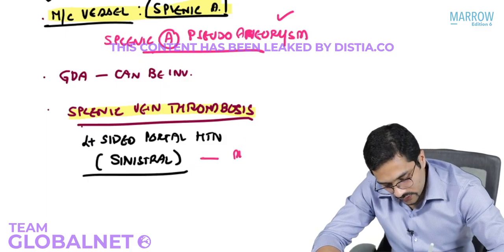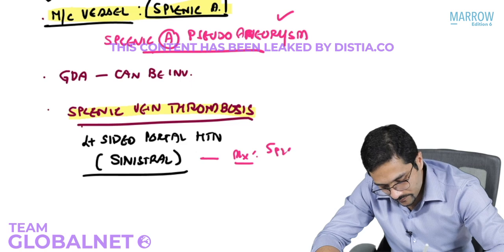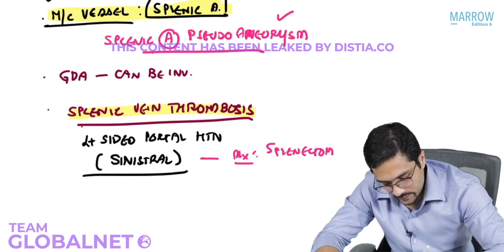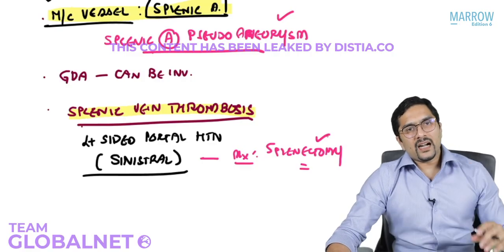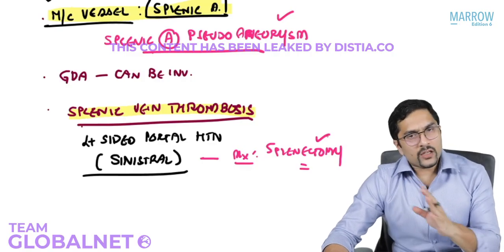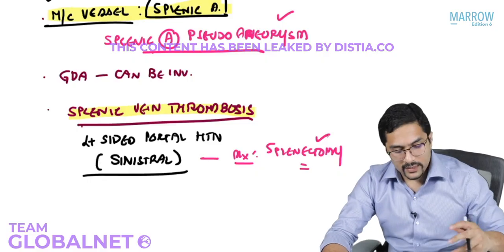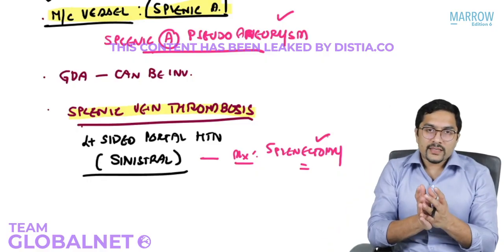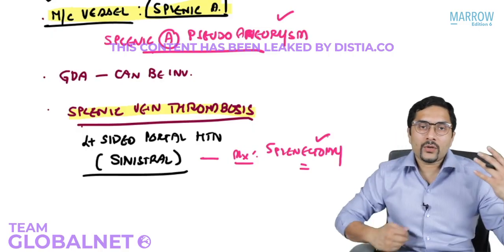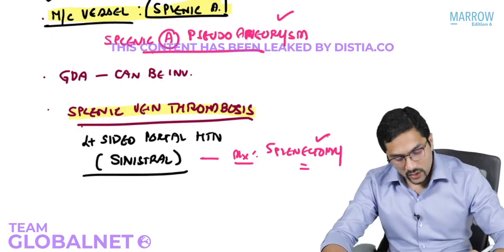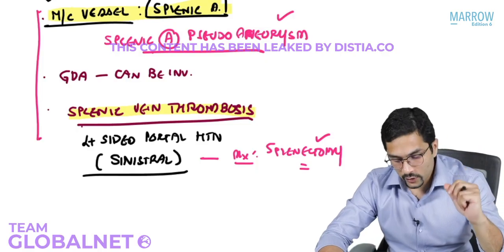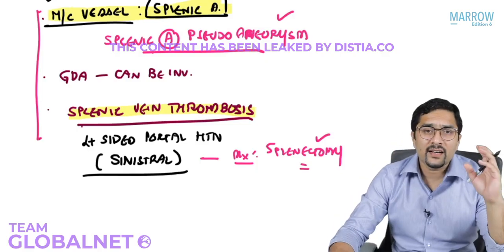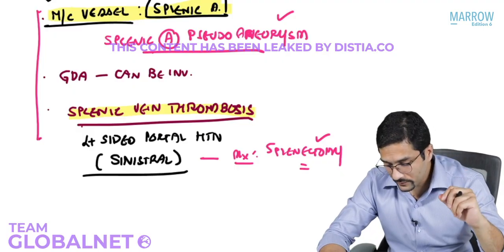The management for these patients is splenectomy. Okay. Mesenteric artery involvement is extremely uncommon and is usually not seen in acute pancreatitis, but all the other surrounding vessels like the splenic artery, gastroduodenal artery, splenic vein, and portal vein can undergo complications during acute pancreatitis. So these were the vascular complications which I wanted you to know.